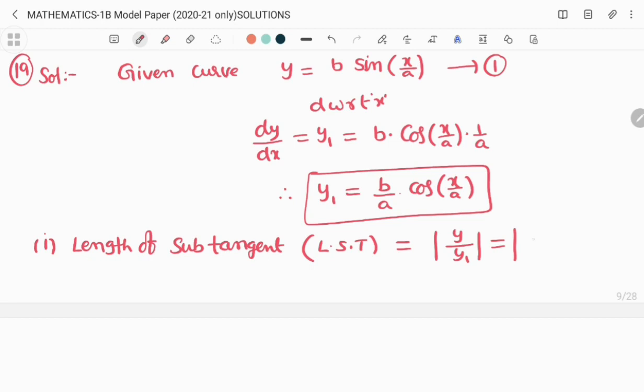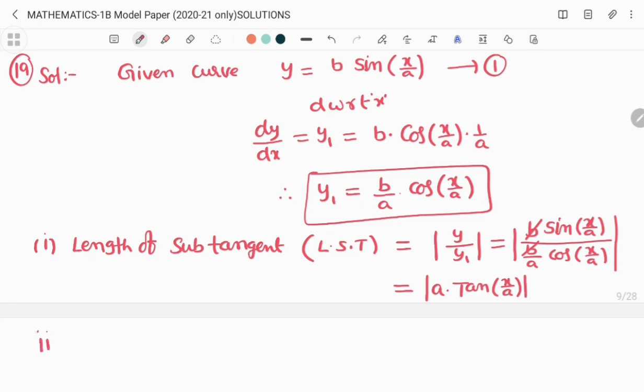Y from equation 1, y value is b into sine of x by a divided by y1 value b by a into cos of x by a. So here b gets cancelled, which is equal to a, denominator of a to numerator. So mod a into sine of x by a by cos of x by a, cot of x by a. That's the answer. Sorry, not cot, tan. I forgot. Sine by cos, so tan of x by a.